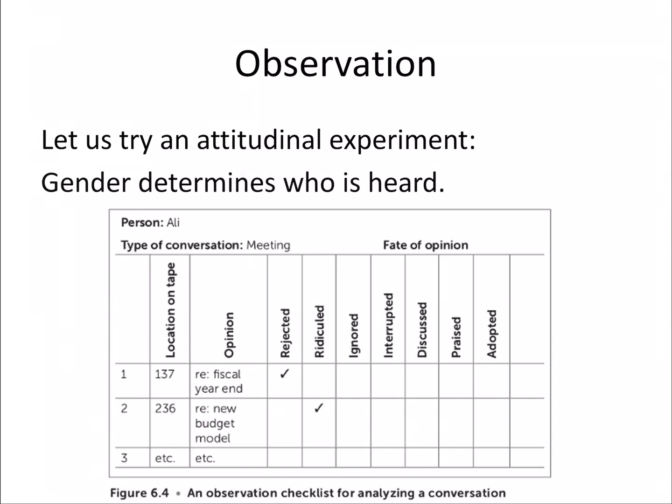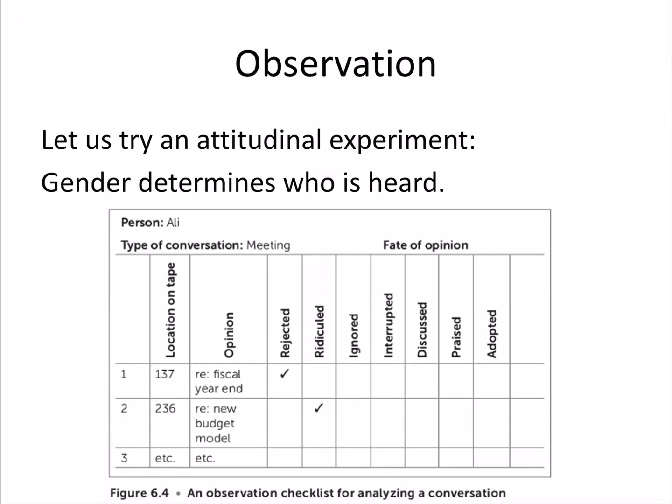You might have a checklist for each individual, which looks something like this, where you're listening or looking at a video recording of the entire conversation, and you're seeing if a certain topic, their opinion or idea is rejected or ridiculed or ignored, or if it's interrupted, if it's discussed, praised, or adopted.